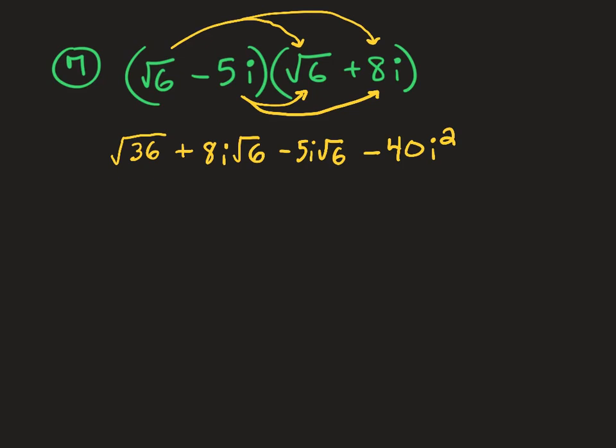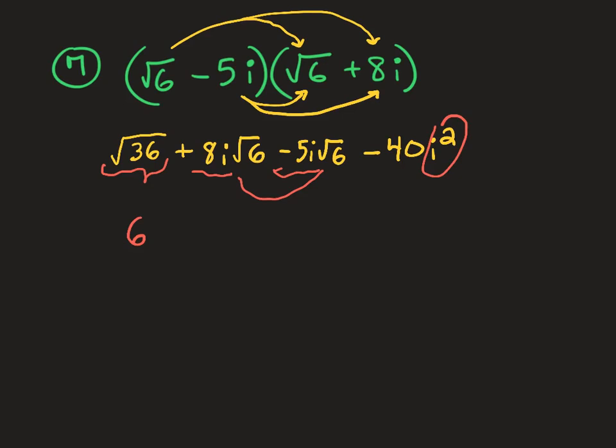So a couple things here. We've got square root of 6's that we can put both those terms together, just putting the numbers in front together. On the end here, we've got that negative 1, and then square root of 36, maybe you know, is 6.